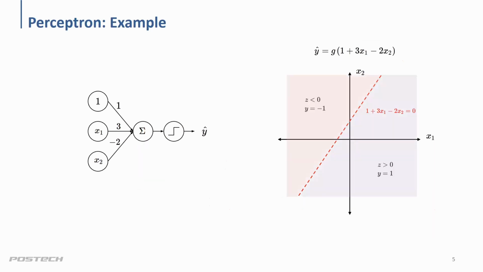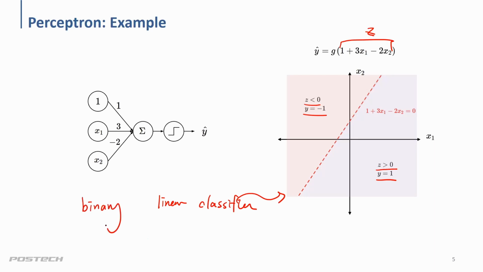Here, if z, the argument of the linear function g, is positive, the class y is +1. If this is negative, it's -1. So again, it's a linear classifier, and it's a binary classification problem, as you can see from these two.